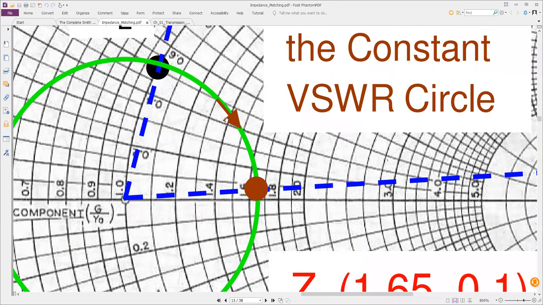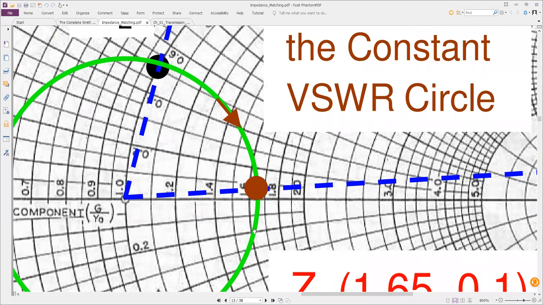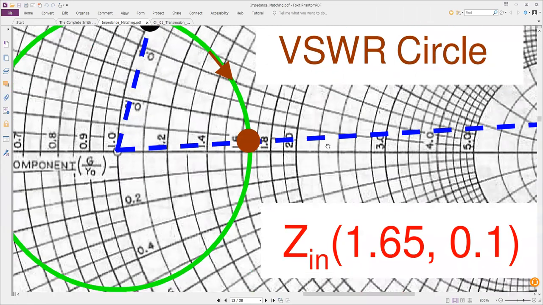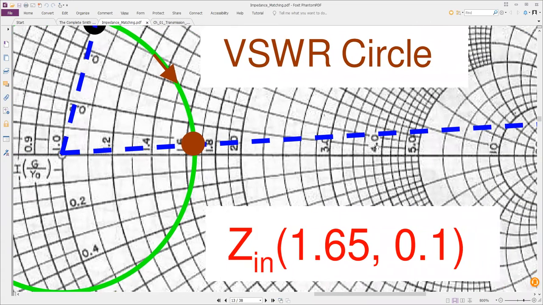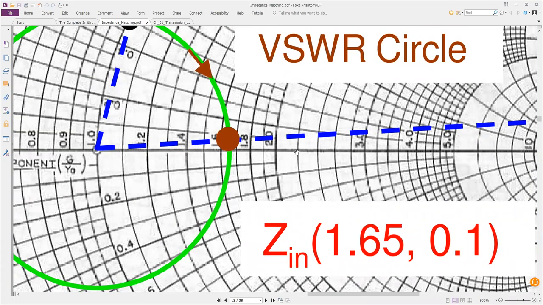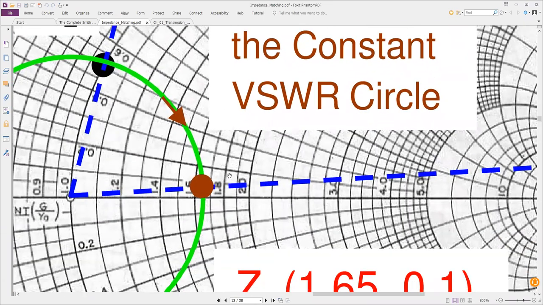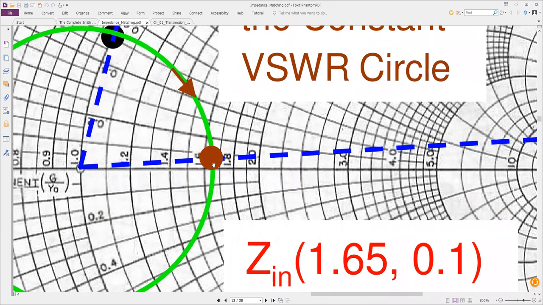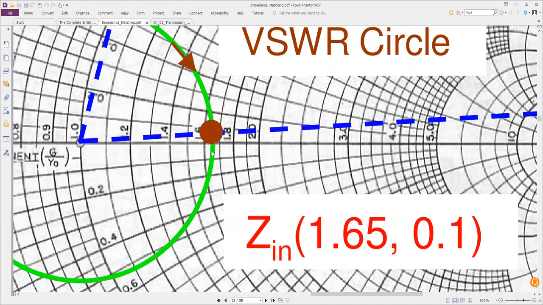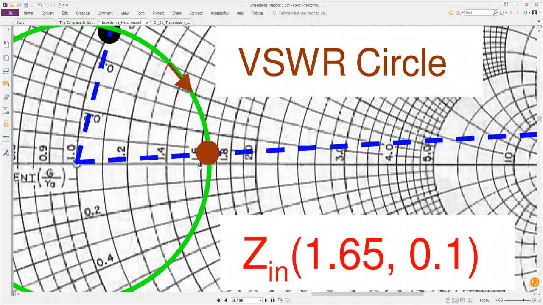Now join this point with the center, and draw the VSWR circle here, taking the radius of this. Look at the figure, at which point the line intersects the VSWR circle. At this point you will get the input impedance. See, this is 1.6 and this is 1.8, so it might be around 1.65.